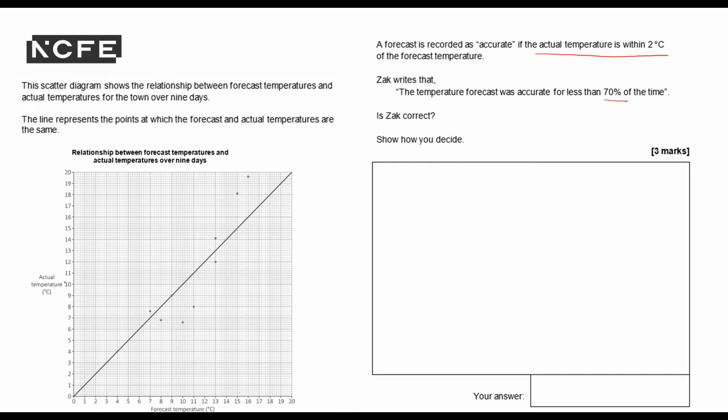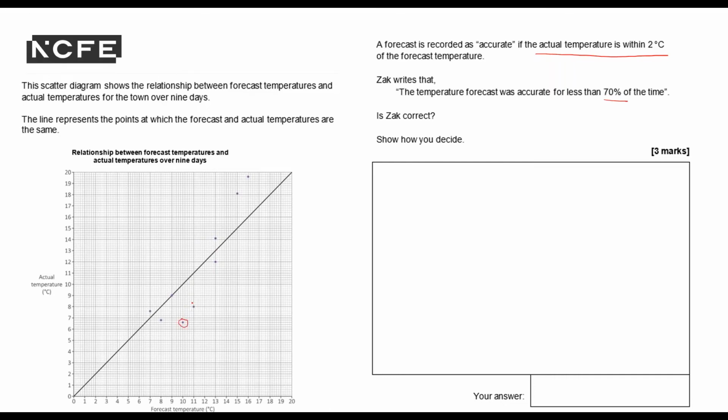Now, reading the graph, we're focusing on 2 degrees from the actual. So 2 degrees is represented by one whole large square. So I need to look for all of the points that are further away than this. So I'm going to circle them.